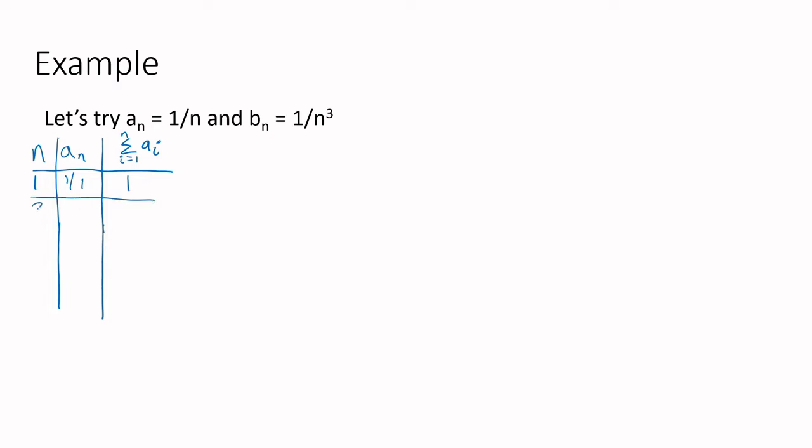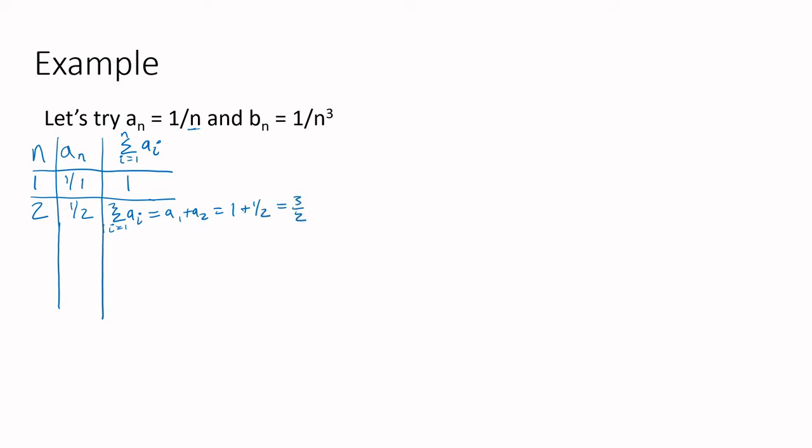Okay, next one. Let's go to 2. Well, now I plug in 2 into here, and I get 1/2. And now I'm looking at the sum from i equals 1 to 2. Well, that's just a1 plus a2. And if I look in my table in my second column, that's just 1 plus 1/2, which is 3/2.